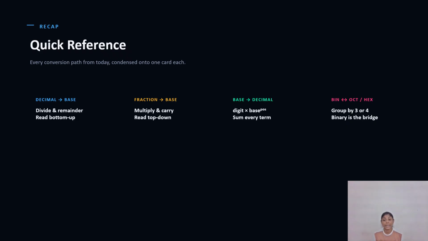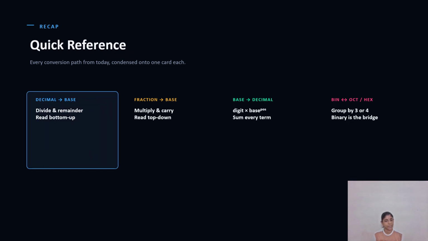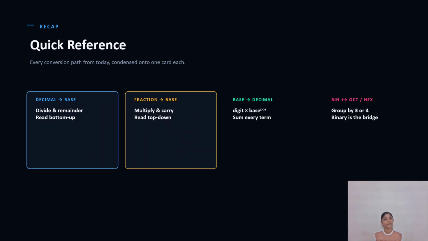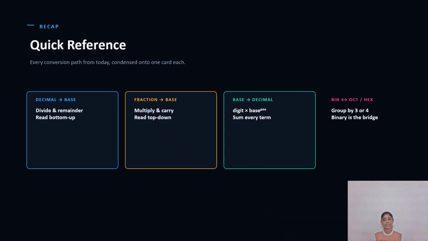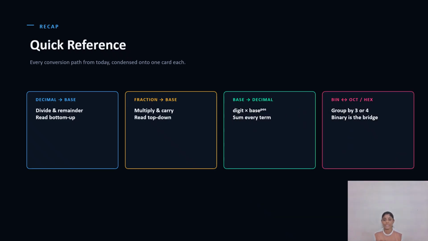Here binary is a bridge between these conversions. This is a simple and quick reference for the earlier part. So decimal to base, fraction to base, base to decimal, as well as binary to octal and hexadecimal.